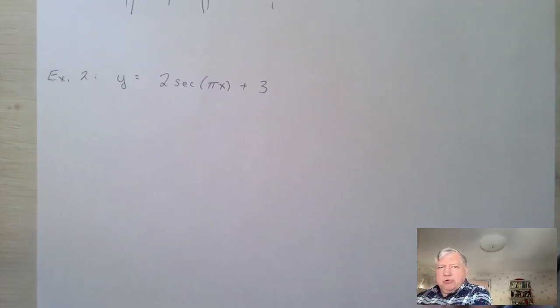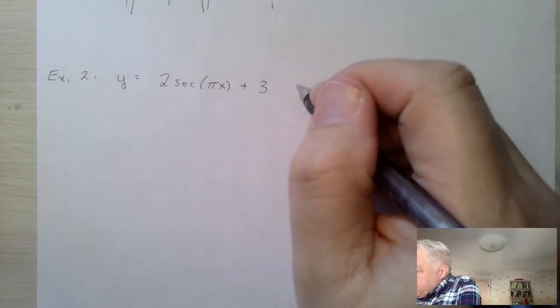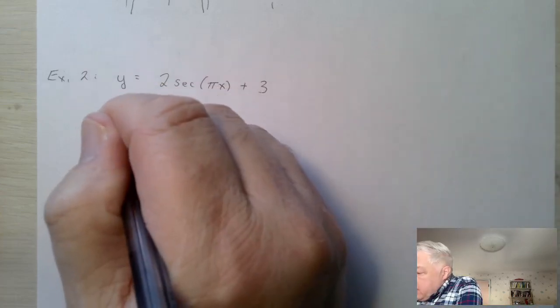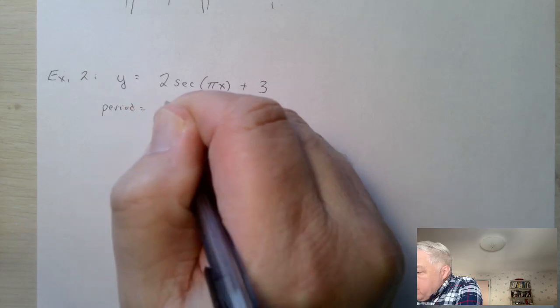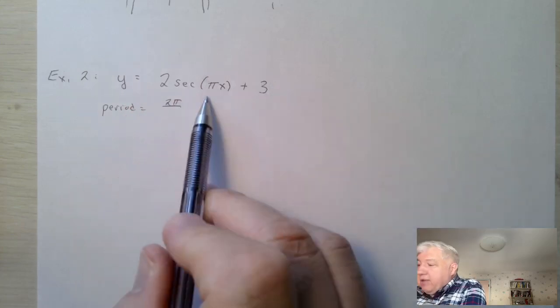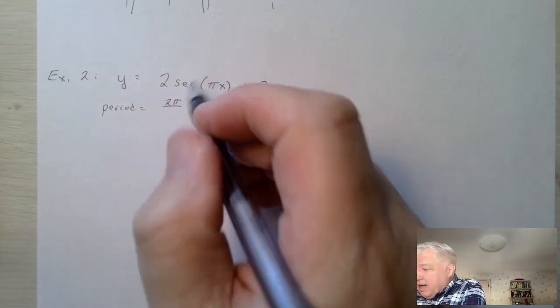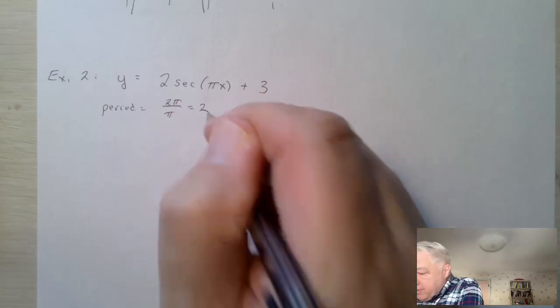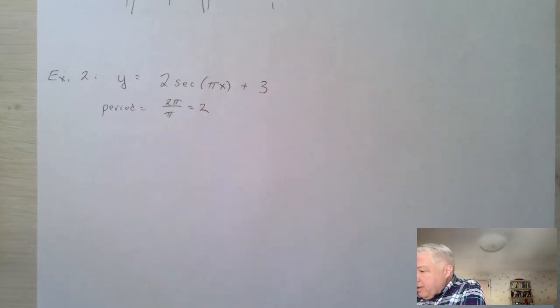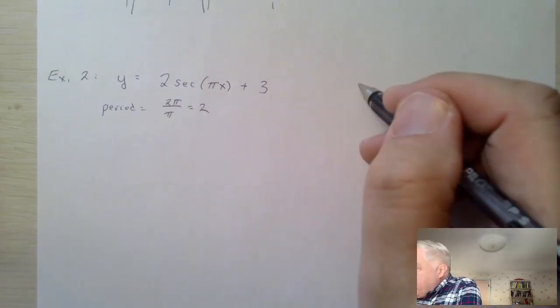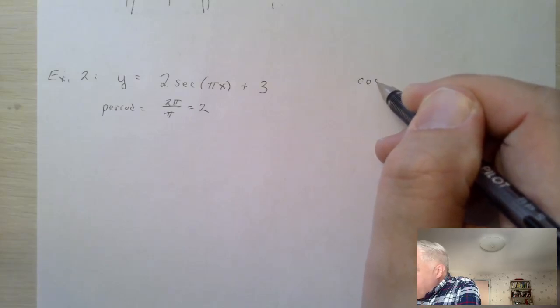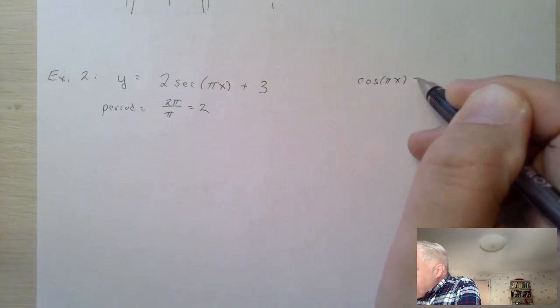Let's look at 2 secant of pi x plus 3. The period will be 2 pi divided by whatever the coefficient is. It's pi here, so that's just going to be 2. We want to find the vertical asymptotes, which will be where the cosine of pi x is equal to 0.